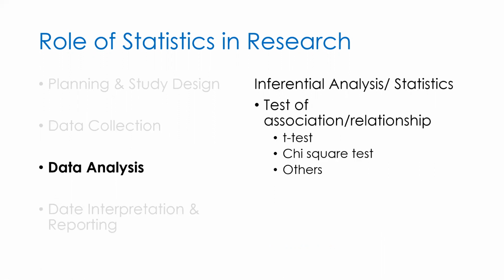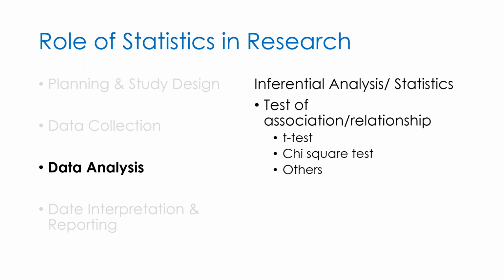And there are the common inferential statistics that we use when you are trying to test associations and relationships. We are all familiar with the t-test, the different types of t-tests, the chi-square tests. Now remember that each of these tests has its limitations, and they have different types. For instance, if you are dealing with categorical data and you want to use the chi-square test, and your sample size is small, then you cannot just go and use the straightforward chi-square test.